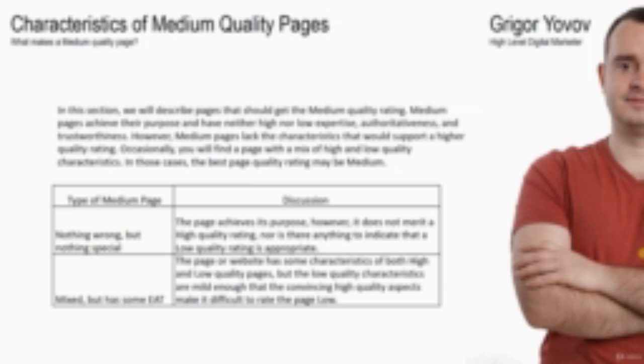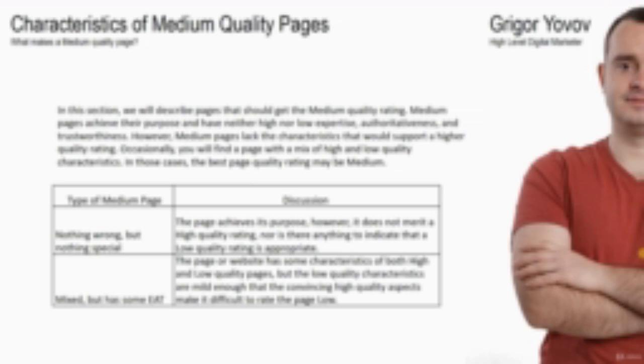Medium pages achieve their purpose and have neither high nor low expertise, authoritativeness, and trustworthiness. However, medium pages lack the characteristics that would support a high quality rating, and occasionally you'll find a page with a mix of high and low quality characteristics. In those cases, the best page quality rating may be medium.